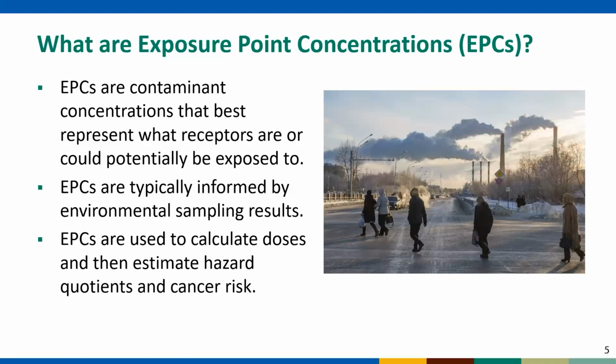They can be based on modeled results, but for the purposes of this webinar, we are going to focus entirely on measured data. In practice, EPCs serve as a reasonable, health protective estimate of the contaminant levels in an environmental media that individuals may be exposed to. EPCs are used for calculating doses, estimating non-cancer hazard quotients, and cancer risk.